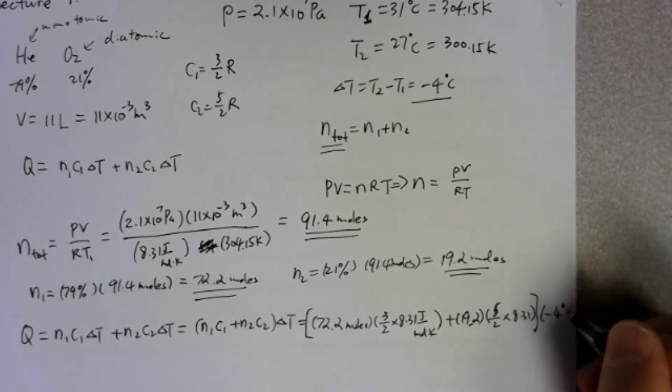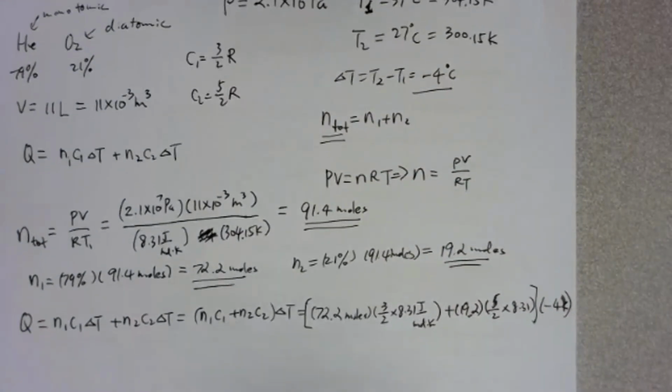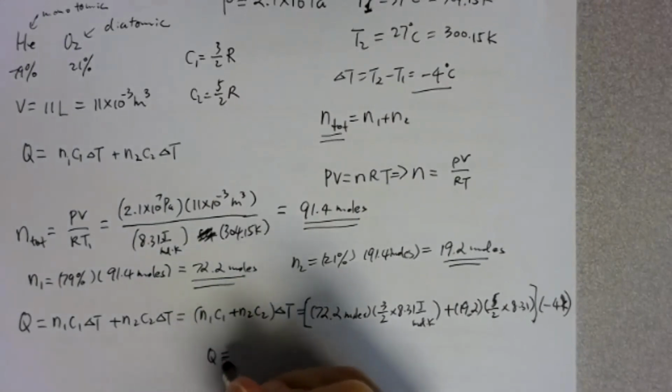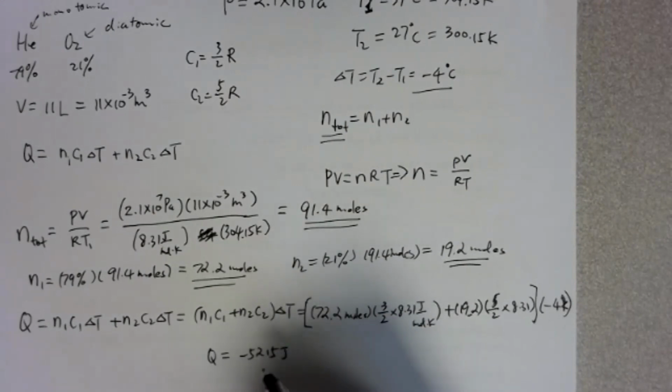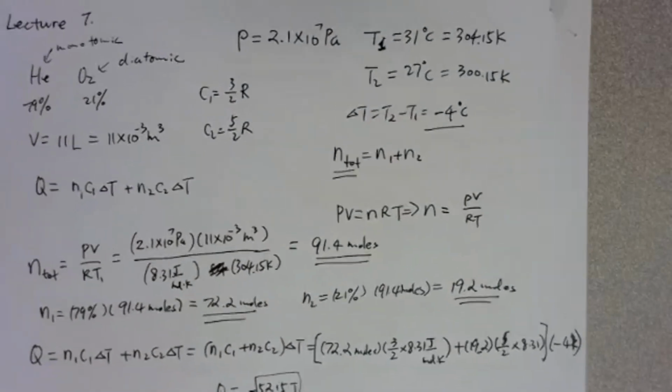Kelvin or degree Celsius, they are the same, so we'll use Kelvin. That turns out Q to be equal to minus 52.15 joules. This is the amount of heat being removed, because minus means removed from the tank.